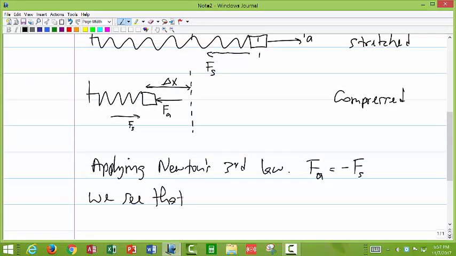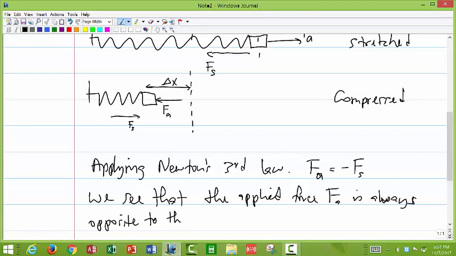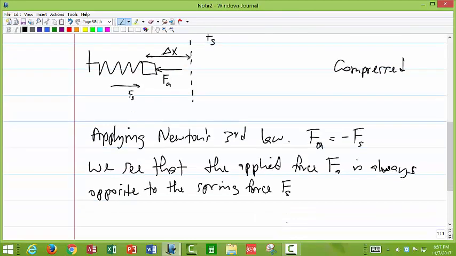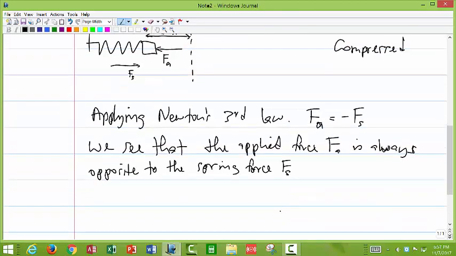So the applied force F subscript A is always opposite to the spring force F subscript S. This is true whether you are compressing or stretching the spring.